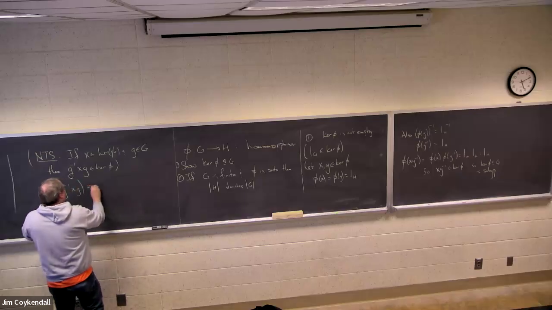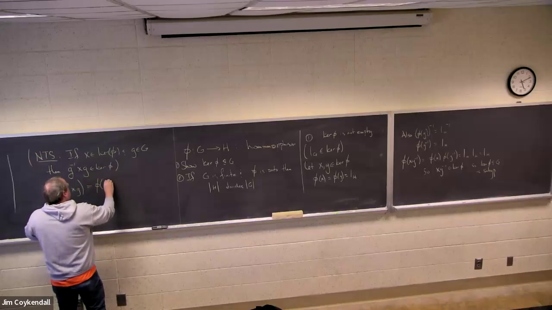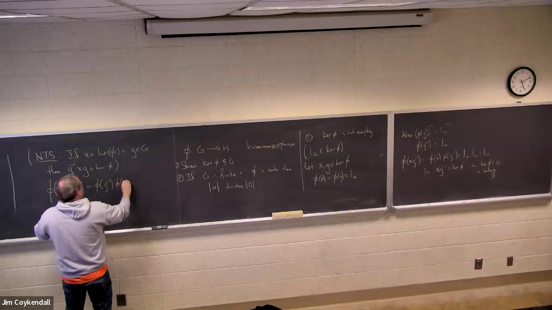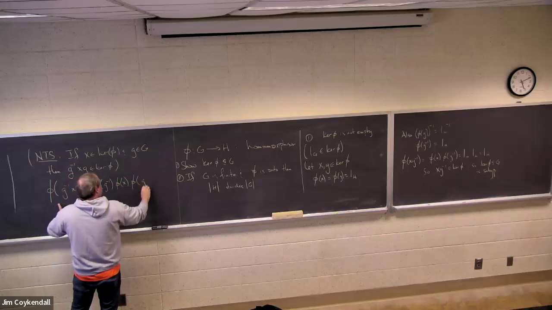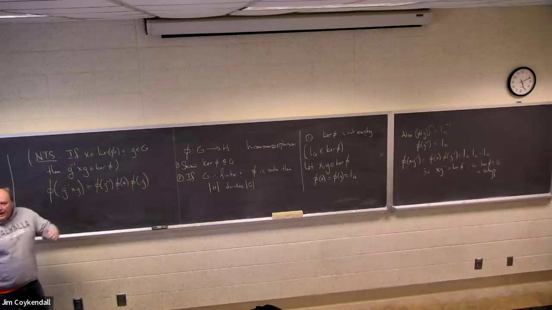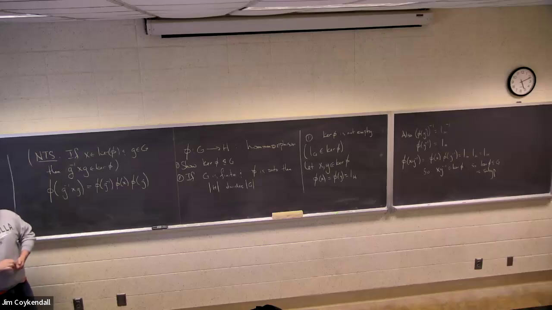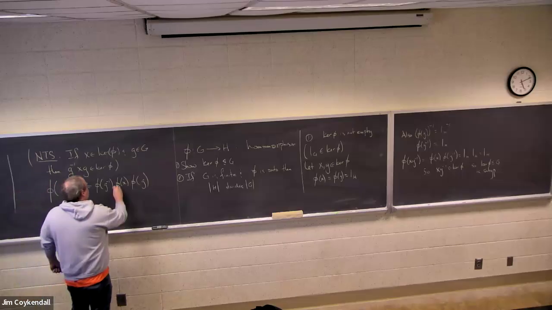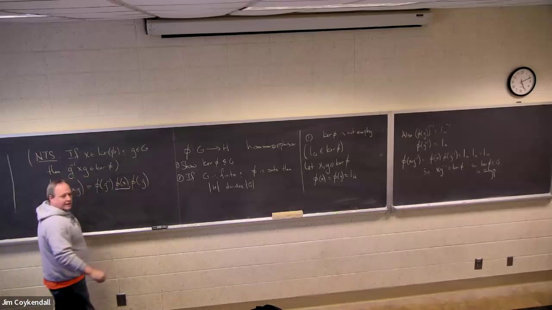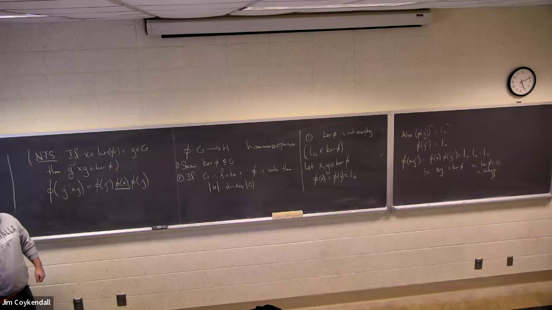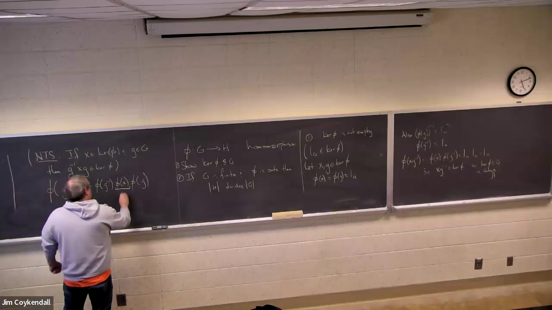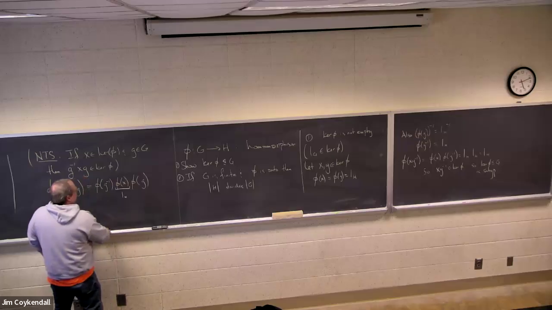This is a homomorphism, so I can split it up, right? And what can I say about this phi of x in the middle here? That has to be the identity because I'm assuming that x is in the kernel. So that's the identity.